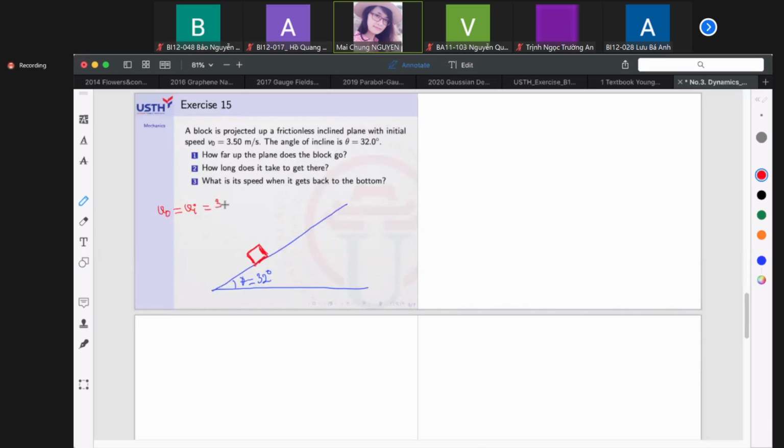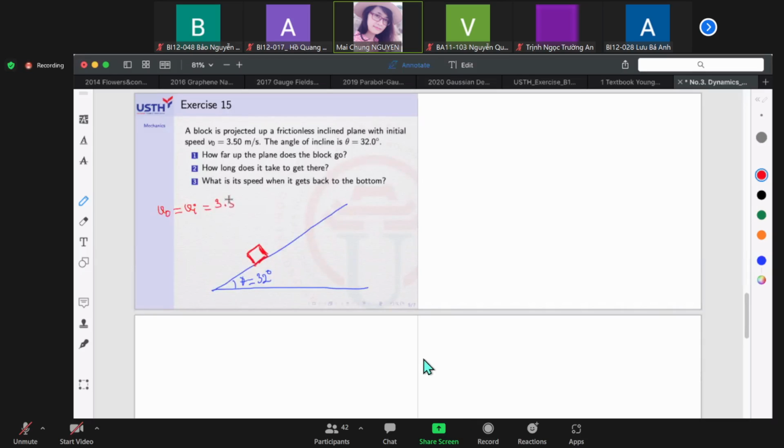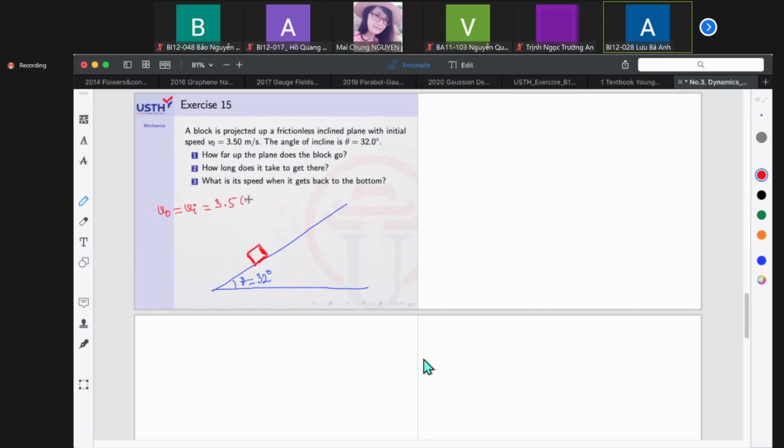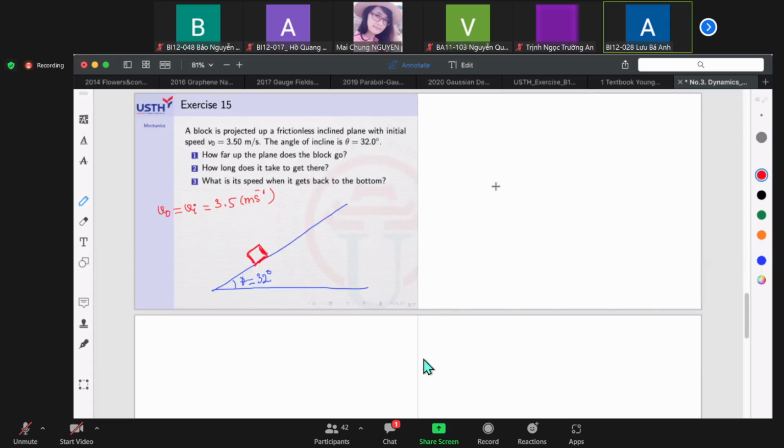It takes the value 3.5 meters per second. What about the first question? In the first question, I have the kinematic equation: V squared equals V0 squared plus 2aX.